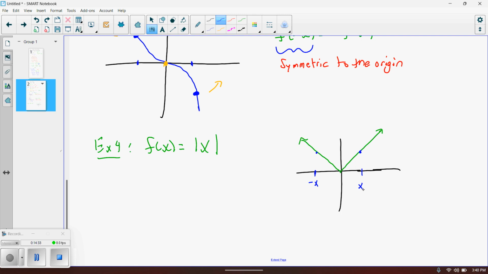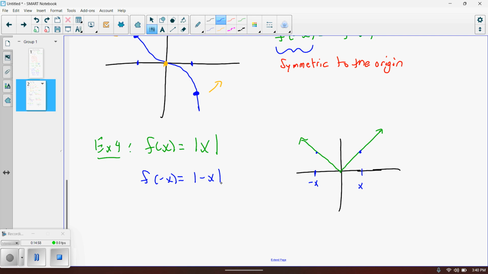So let's show the property that we did before. f of x should equal f of negative x. Well, if I were to substitute a negative x in the place of x, we should know that the absolute value of negative x is going to produce a positive value no matter what.